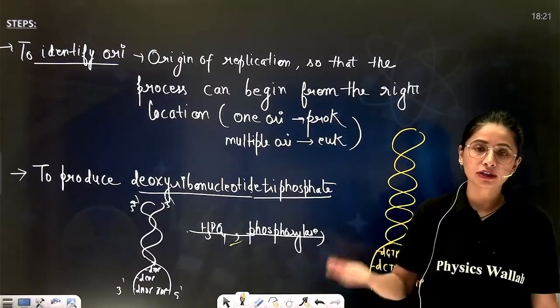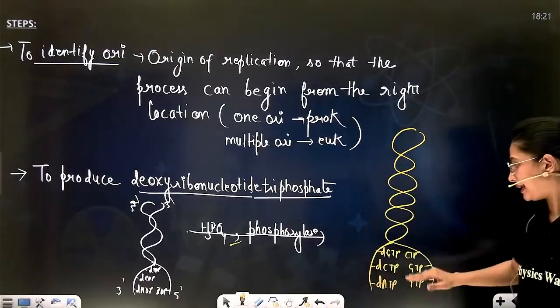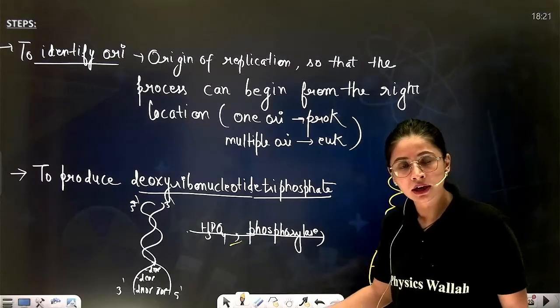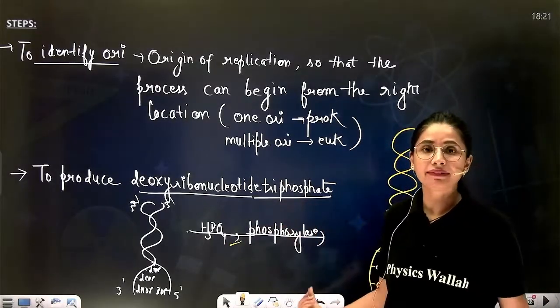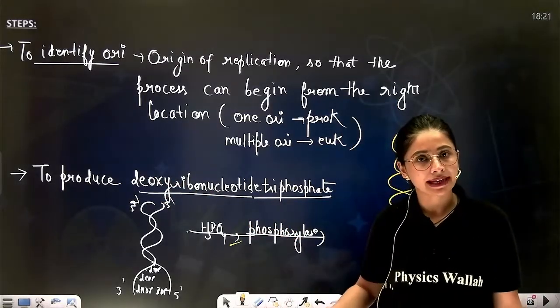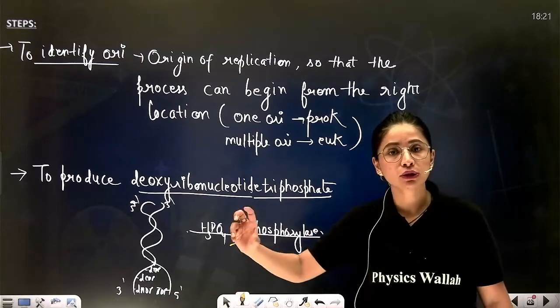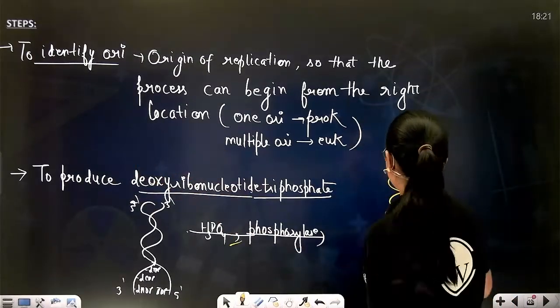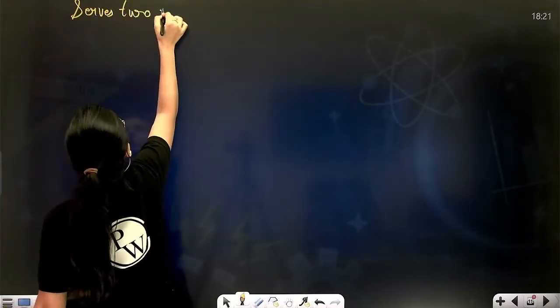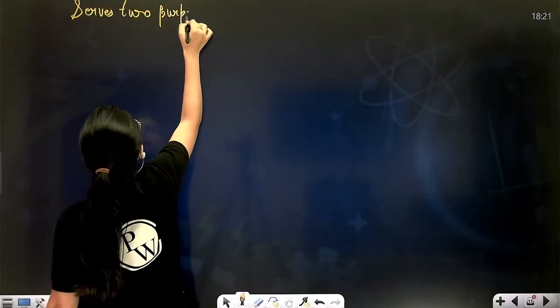So they will also provide energy because now they are present in energetic form. ATP is a source of energy, GTP is a source of energy. Here is ATP, here is GTP, here is CTP. All these are sources of energy. So once we activate, this is called activation of deoxyribonucleotide to produce deoxyribonucleotide triphosphate. The second step serves two purposes.